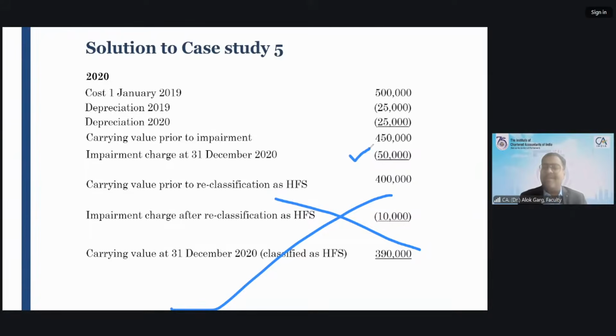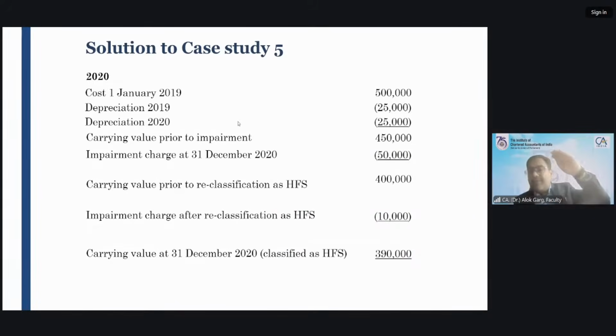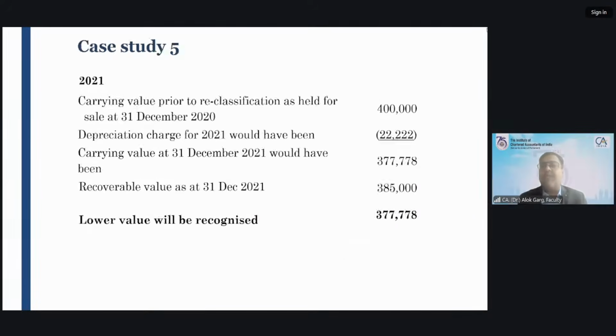It means the carrying amount as on 31st December 20 as per Ind AS 16 is 4 lakh rupees, right? So now, what is my next year depreciation? My next year depreciation is my opening value divided by remaining life. So my opening value is 4 lakh. What is my remaining life?